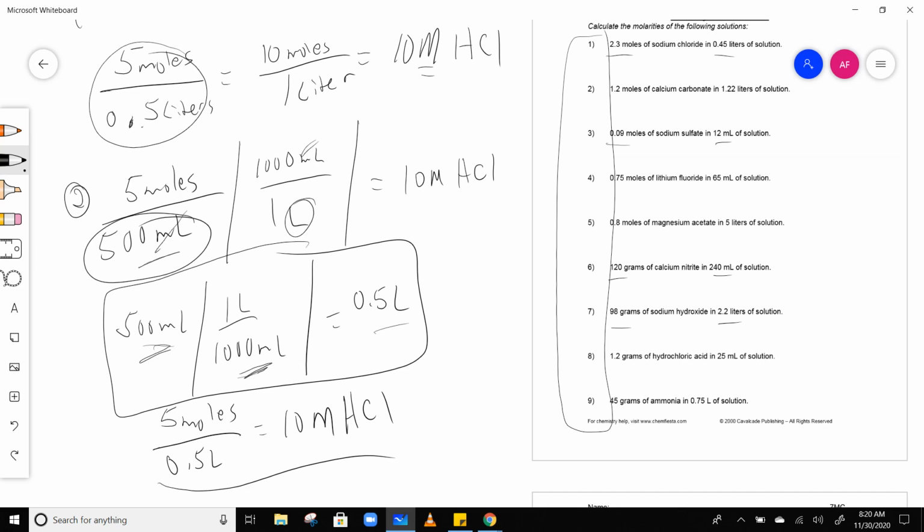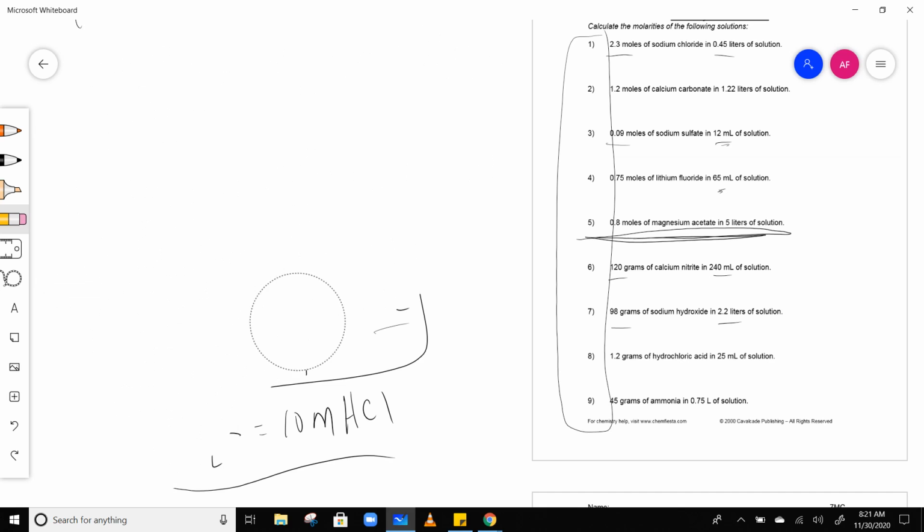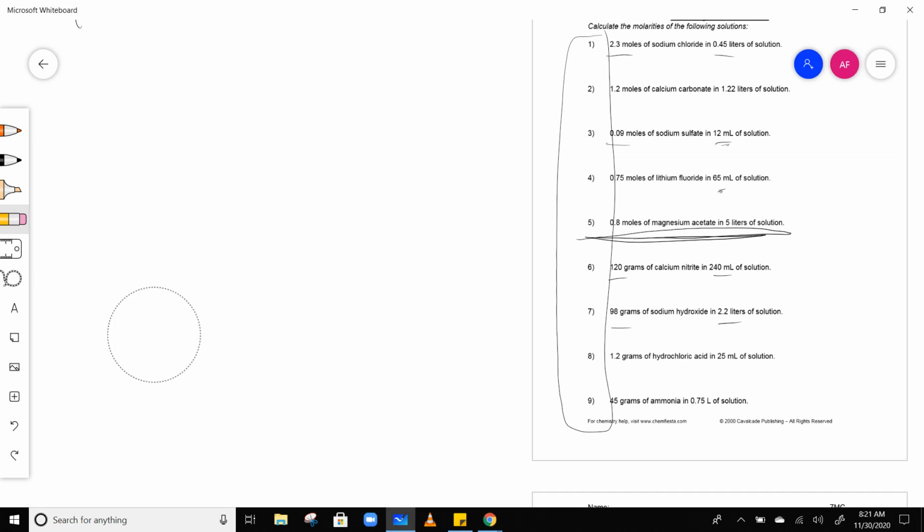Okay, so that pretty much covers number 1 through 5. For 1 through 5, you put the moles over liters, or moles over milliliters, convert the milliliters, all that good stuff. Next ones, we're given grams of the substance, like 120 grams of calcium nitrate.